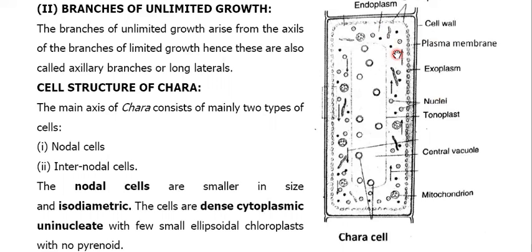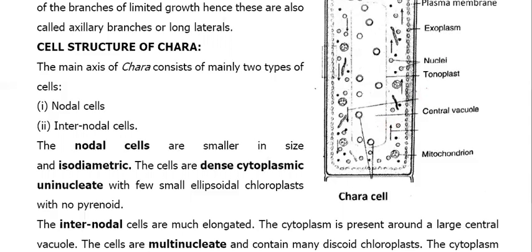These are two or three substances that are different compared to other algal cells, that is, endoplasm and exoplasm. Various nuclei are present; there is not one nucleus, but a number of nuclei in one Chara cell.